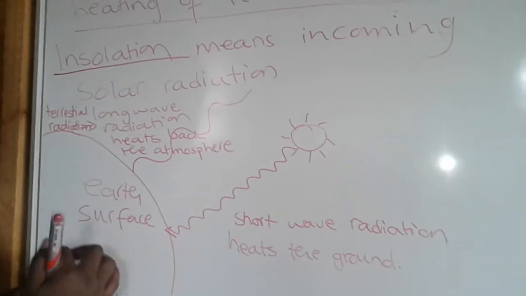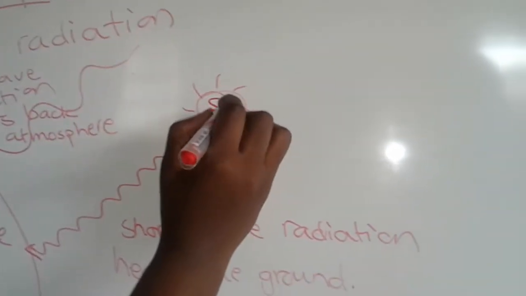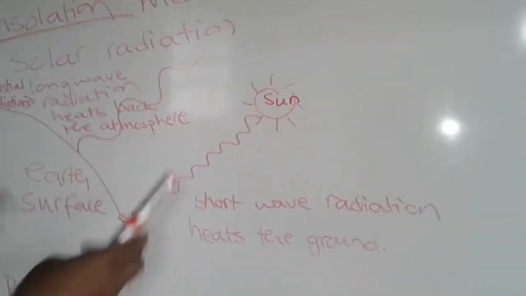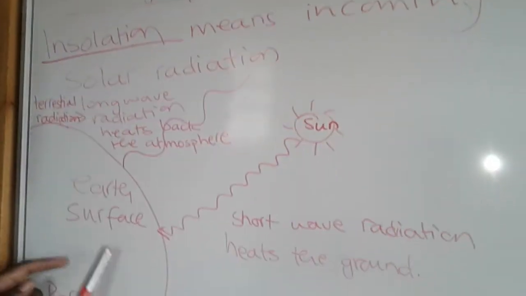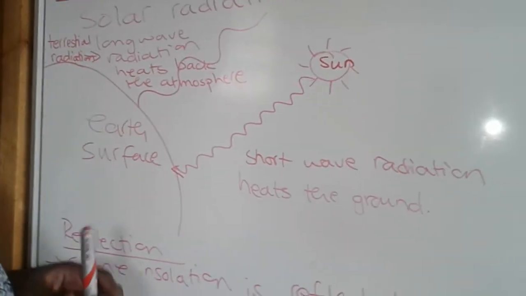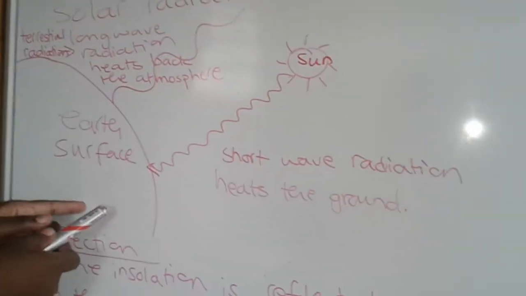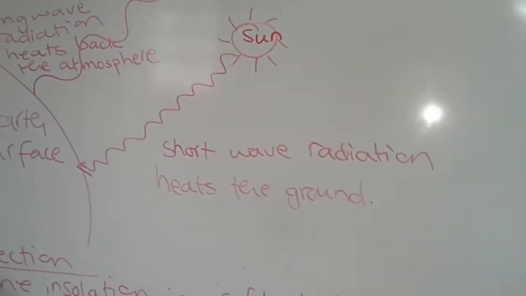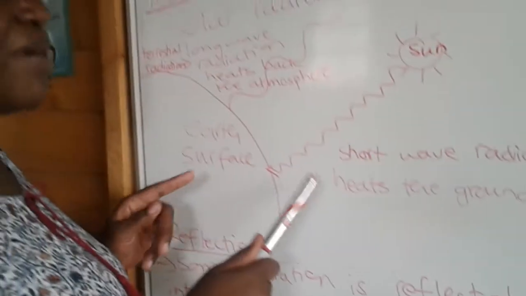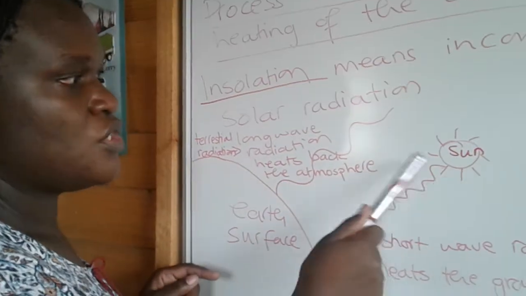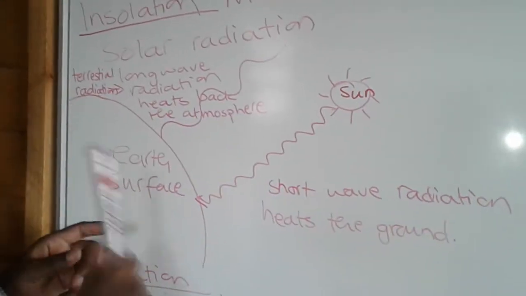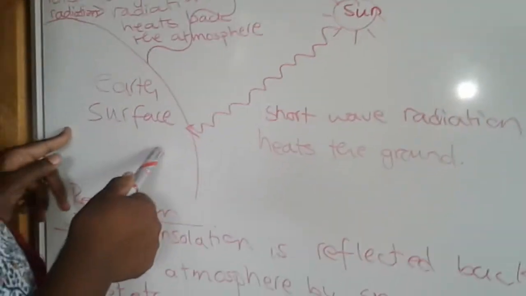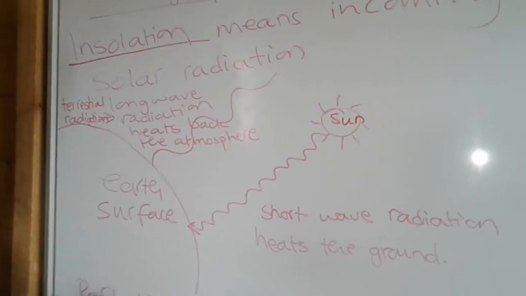Now, this is how our Earth is heated. This is our Earth's surface, and this will represent our sun. So we know that during the day, the sun is heating the Earth's surfaces. And as the sun heats the Earth's surfaces, it heats the Earth through what we call shortwave radiation. Shortwave, as you can see, the waves are short. Now when the sun hits the Earth, the Earth is going to absorb this heat.